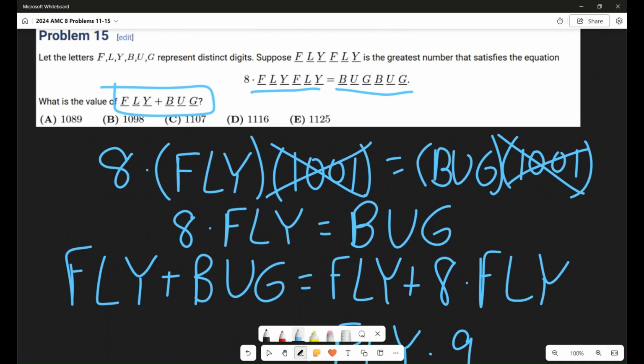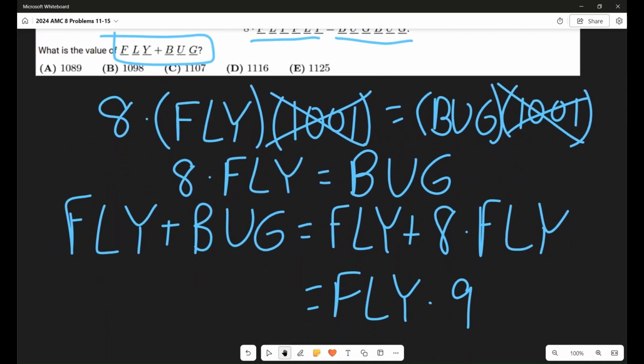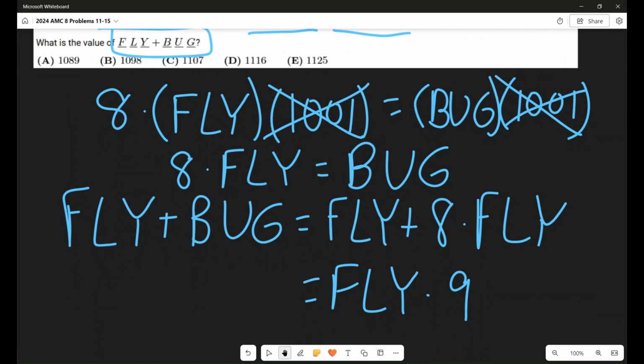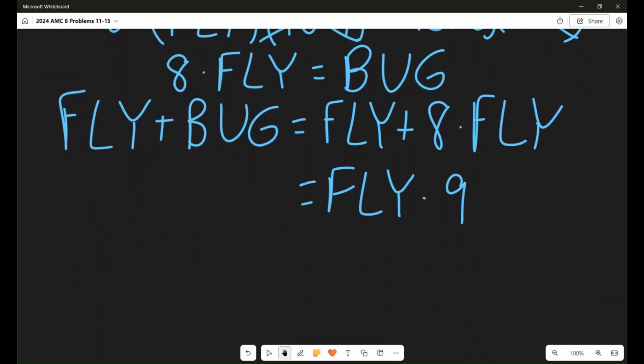But the key that we have to remember is in the problem, it asks for distinct digits. So F, L, Y, B, U, and G all have to be different. So let's test FLY times 9 for each of the answer choices given, and we'll figure out which one outputs a result where all of those digits are different.